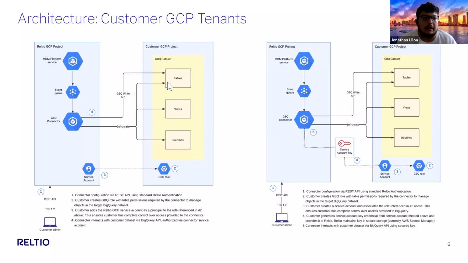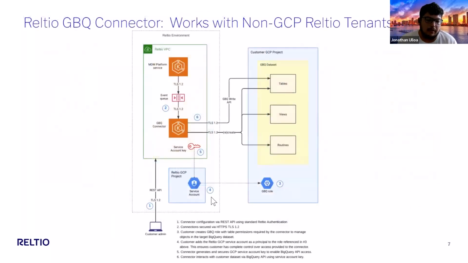And so these are just two different ways that we can move forward from an architecture standpoint about how the GBQ connector works. And I do want to do a quick shout out here that for anybody that's a GBQ customer, but you maybe don't have a GCP tenant, this also works with AWS and Azure tenants as well to be able to get this information into your Google BigQuery account, right?